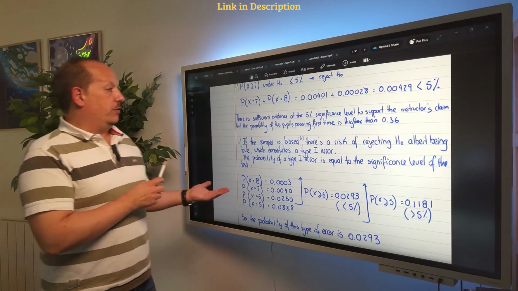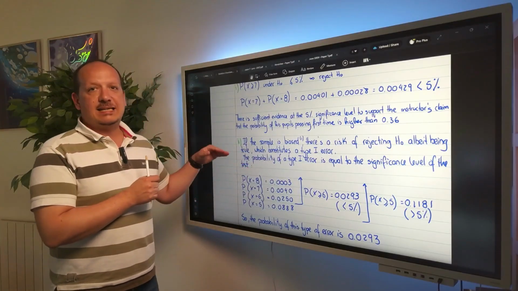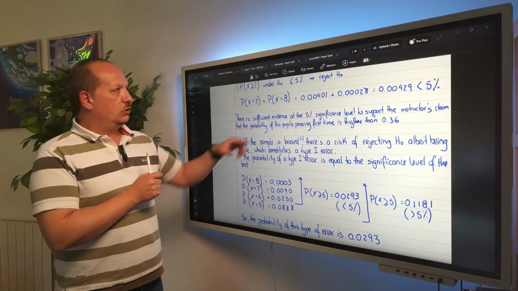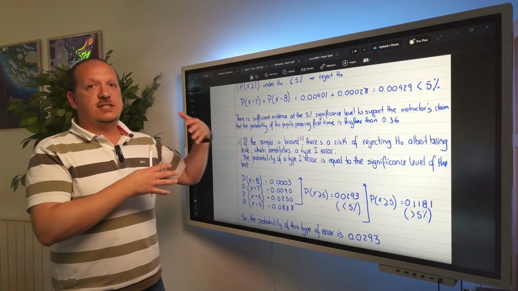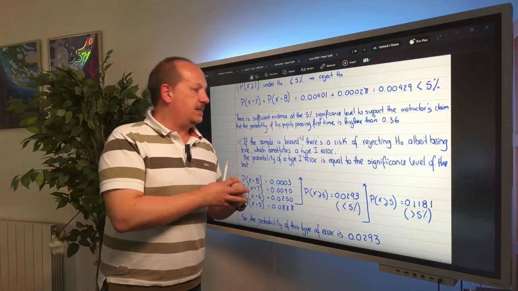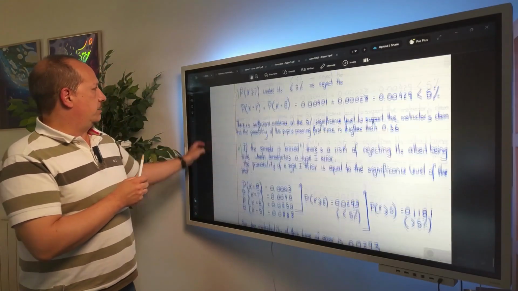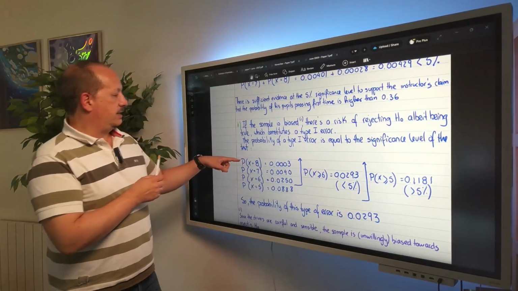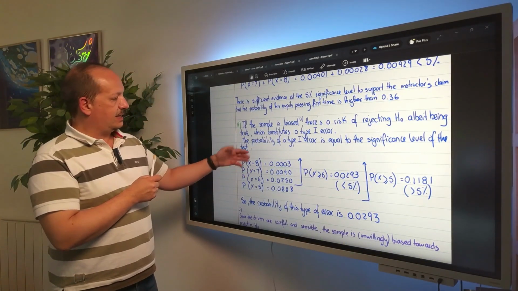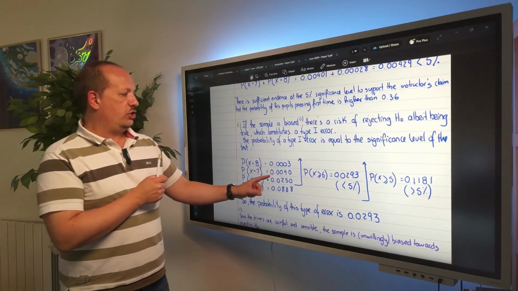The probability of a type 1 error is equal to the significance level of the test itself, not the value that we used here for our decision rule, but the actual significance level of the test. So that's what I did here. Under these circumstances, I calculated the probability of x being equal to 8, 7, 6, etc. And I found the rejection region, okay?